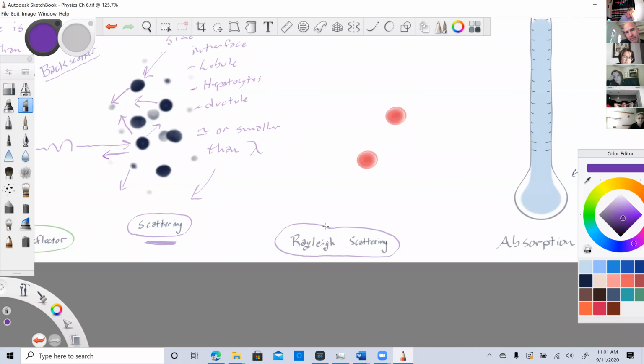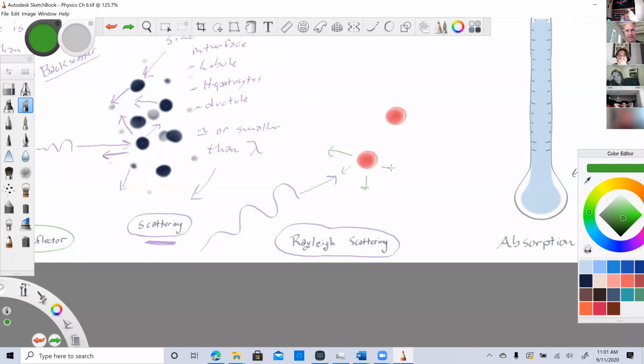Well, when a sound beam comes up from this direction, oh, but this time I'm going to draw. When a sound beam hits a red blood cell, it doesn't scatter. Here, I'll show. First, I'm going to draw what it doesn't do. It's not like some of it goes this way, some of it goes this way, some of it goes this way, maybe a little piece goes that way.